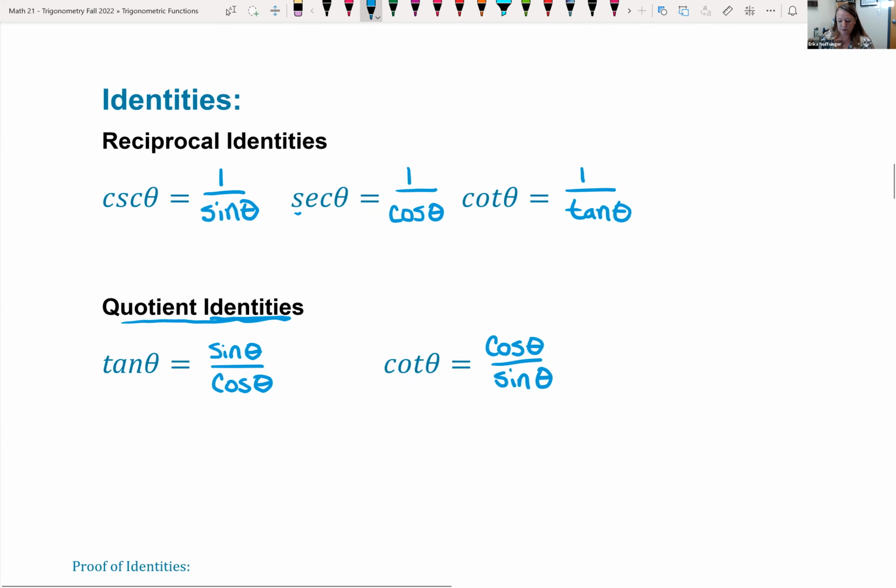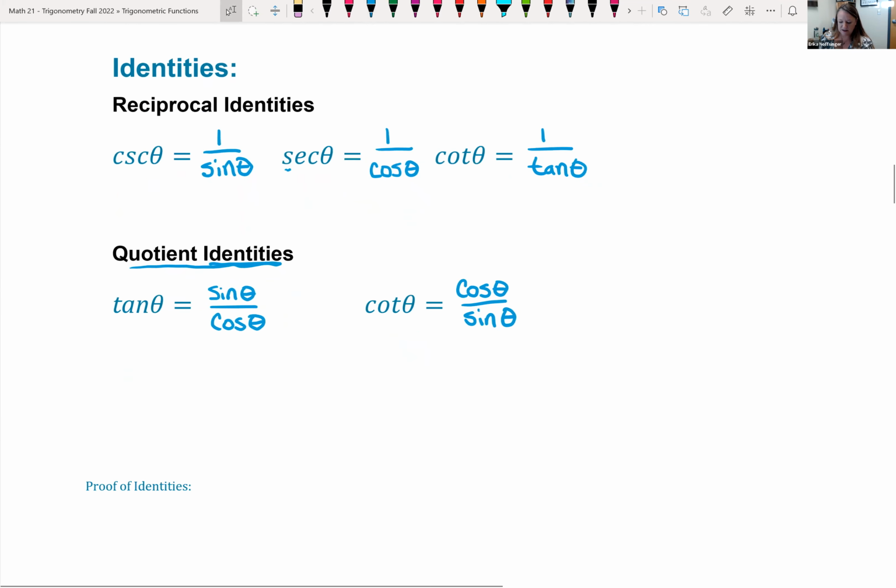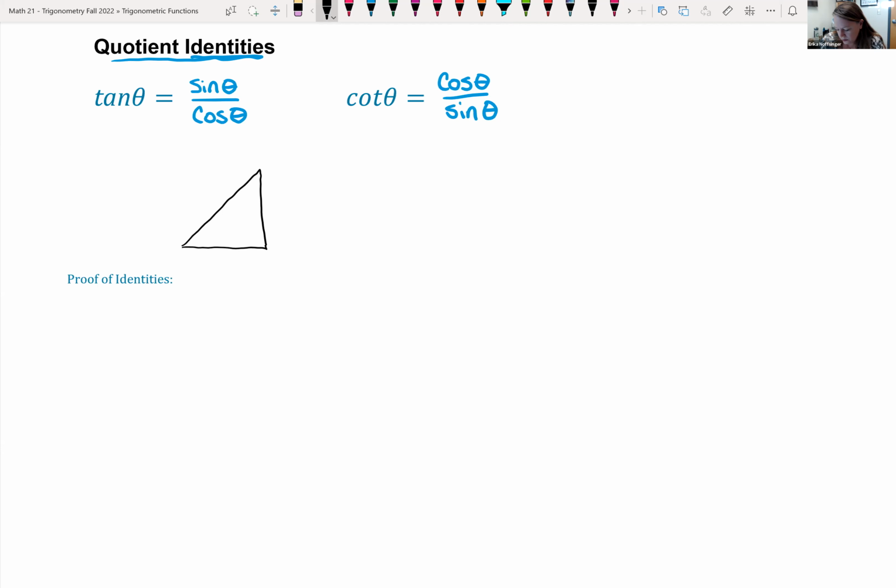So let's prove why this identity is true. We showed the reciprocal identities. Let's look at the quotient identity. So let's create a right triangle again. Let's say that this is theta.